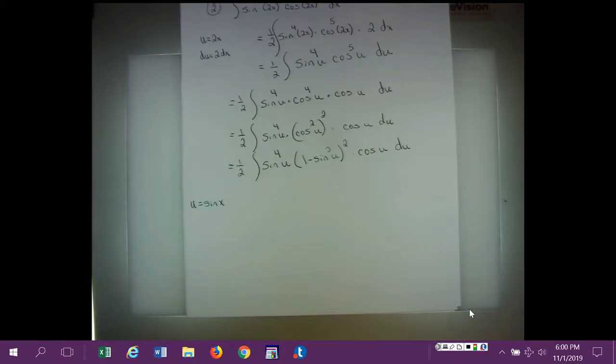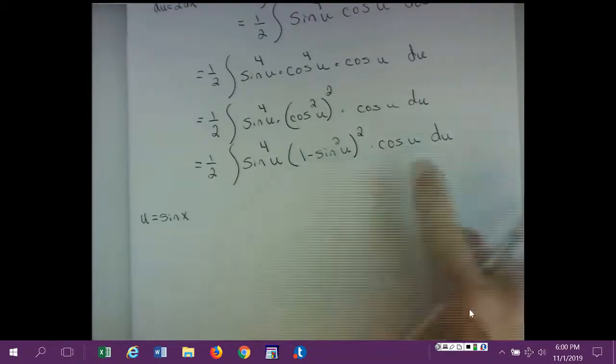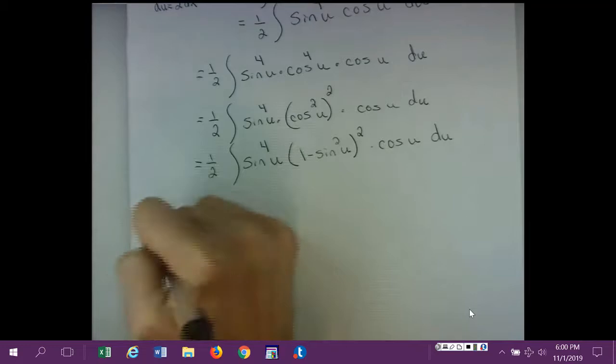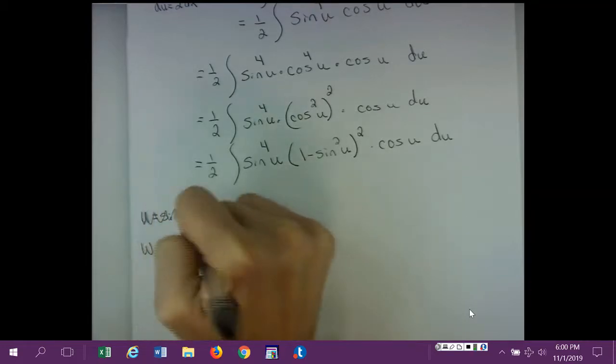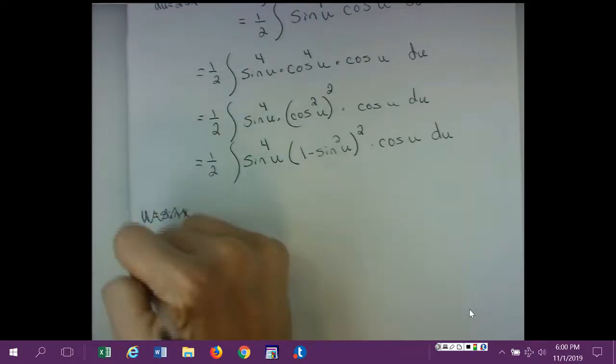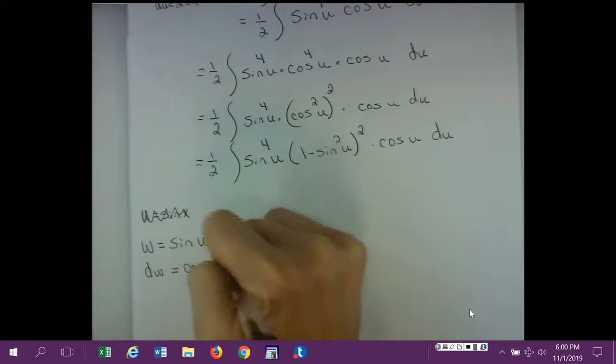What I should have done, and you'll have to forgive me, instead of doing what they said by table, I'm already in u, so I'll have to let w equal sine u, because technically that's the second round of u sub for the problem. Thereby dw is cosine of u du.